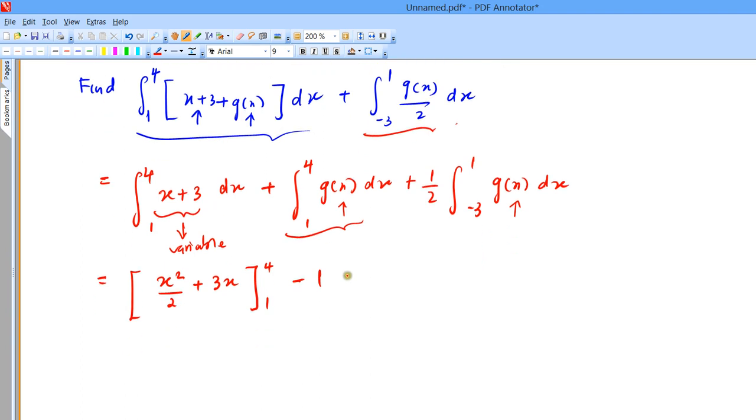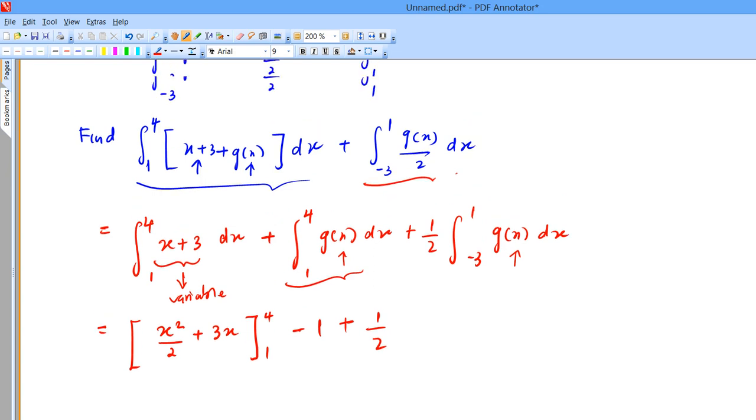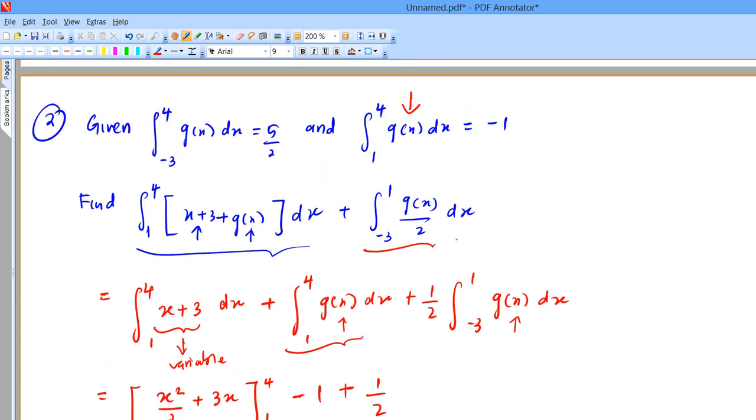And then plus 1 over 2 times the integral of g(x) from -3 to 1. We don't have -3 to 1, but we have -3 to 4, which means we need to split this integral.